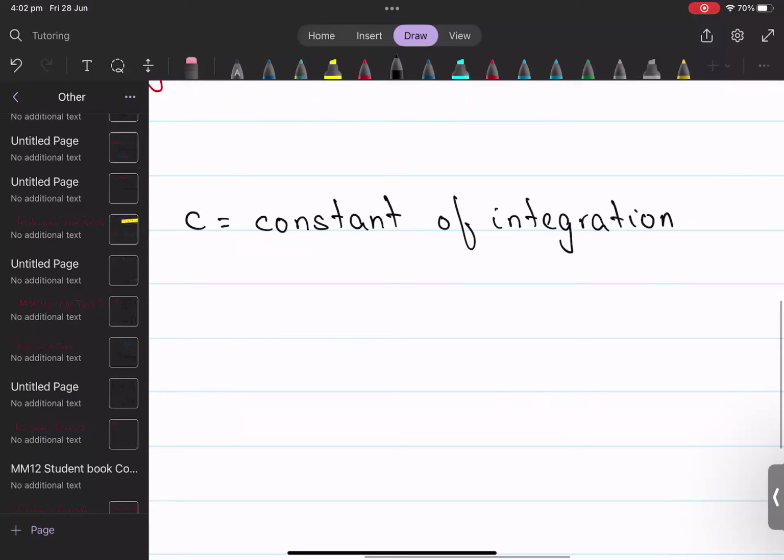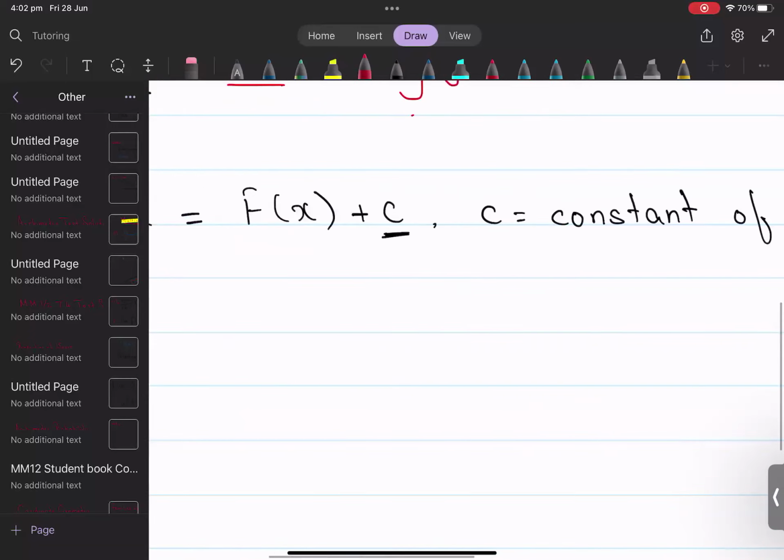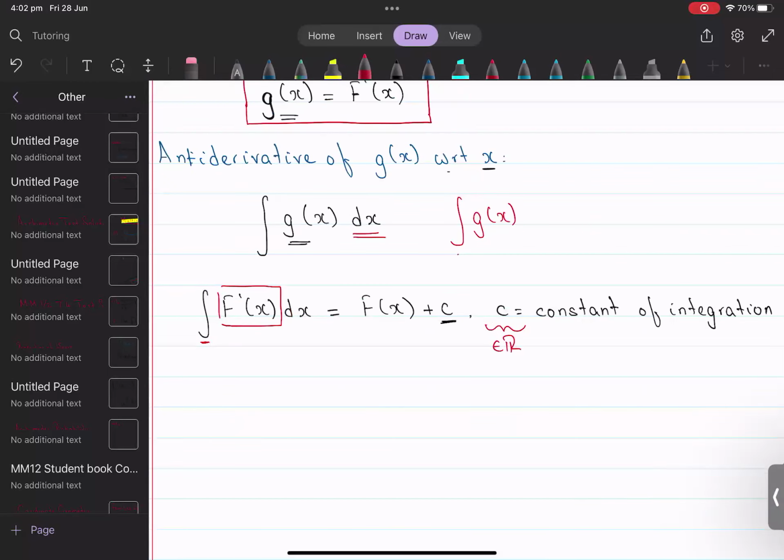And the key thing to note here about the c is that this c is a real number. It's just like any other number that you've dealt with before. So pi or 1 million, or it can be anything. Typically in problems, you will be given some conditions which allow you to find the value of this constant c.